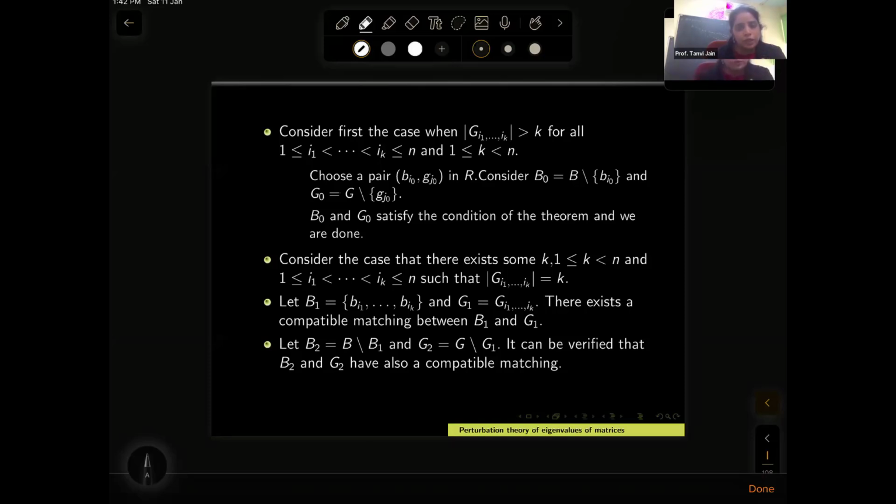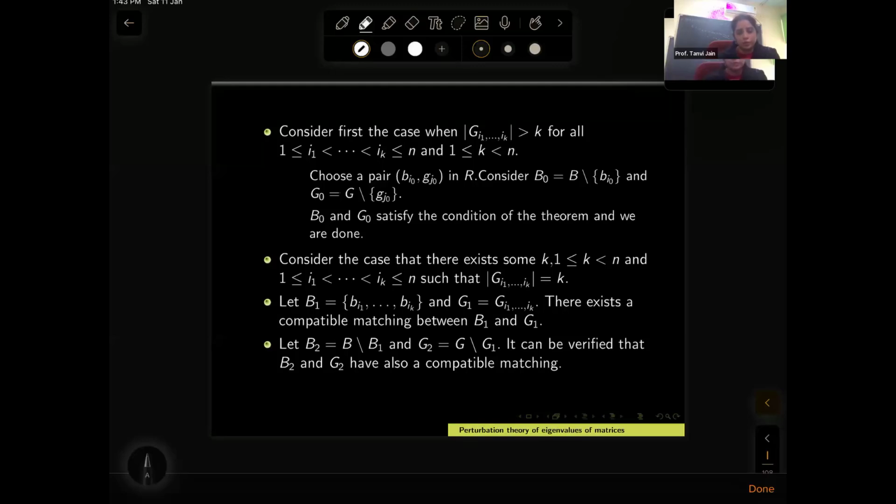Then I can take some Bi naught and some related Gj naught, obviously it will have somebody related. So (Bi naught, Gj naught) is in R, this ordered pair. I remove these from B and G. So B naught is B minus Bi naught, and G naught is G minus Gj naught.